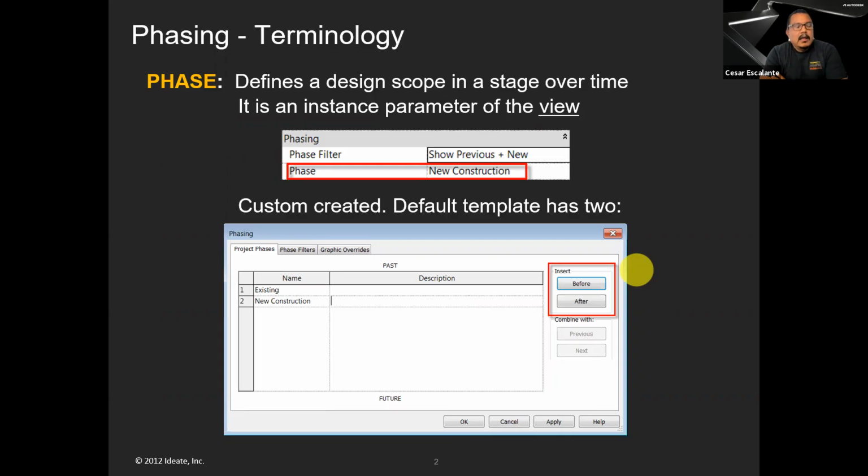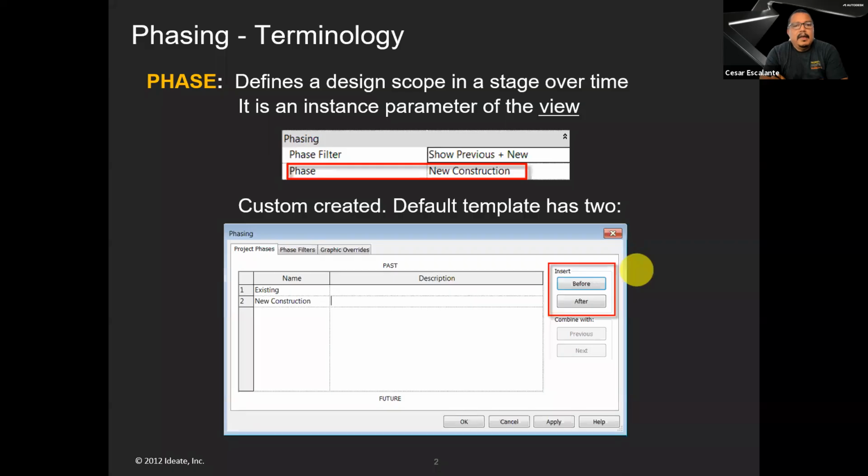Sometimes a project needs to be staged over time because there are budgets associated with incremental additions. When that is the case, it's natural to include phasing in the design documentation.